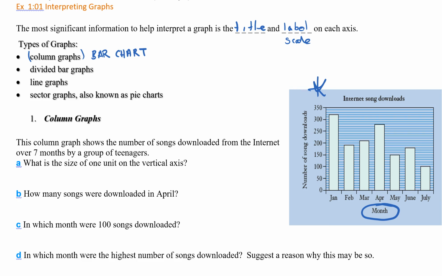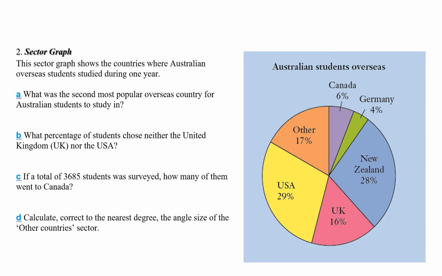Let's move on. Sector graph. Now, I'll be very surprised if you haven't come across a sector graph before. Again, the most important feature is to look at the title. So this sector graph is about Australian students studying overseas. We don't have axes, we just have sectors.